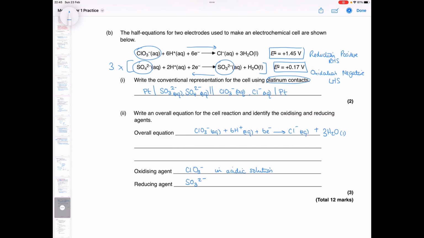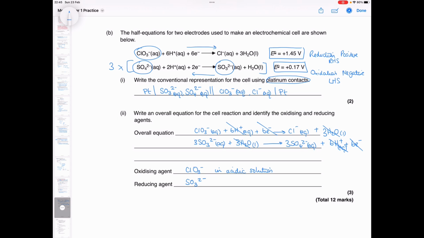So writing that underneath, we're going to have 3SO3 2- plus 3H2O goes to 3SO4 2- plus 6H+ plus 6e-, and now we can cancel the things that appear on both sides. So starting with the electrons, need to cancel. We've actually got 6H+ on both sides, and we've got 3 waters on each side.